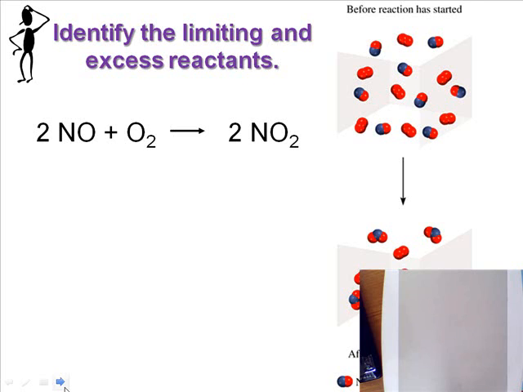Now, how do we figure out which is the excess? What we have here, NO, nitric oxide, bonds with oxygen, will produce nitrogen dioxide. Now, on the box on top, you will notice we have red and blue molecules. Those are the NOs.